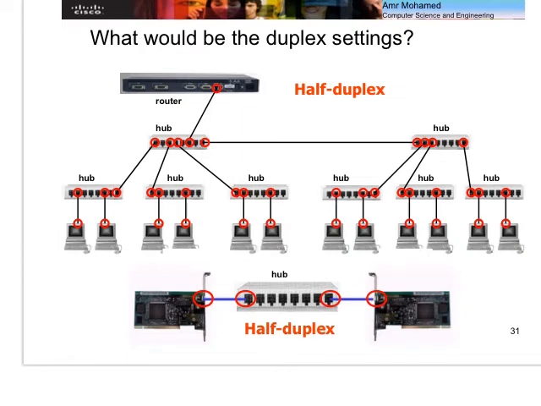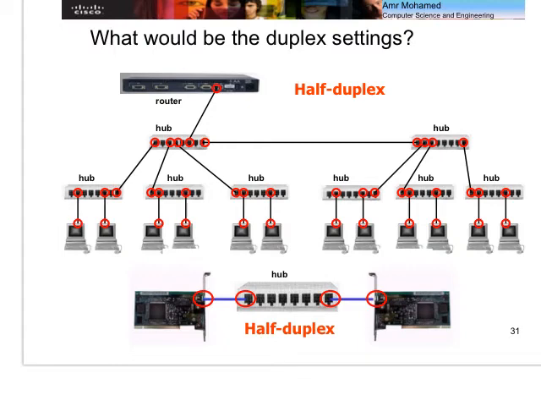It doesn't work that you can send while another node tries to send to the same node, the collision will also happen. So the hub, by default, creates what we call a half duplex port. You cannot send and receive on the same port.